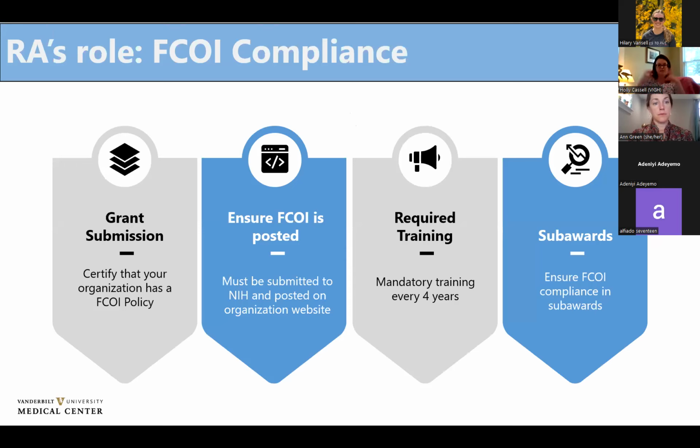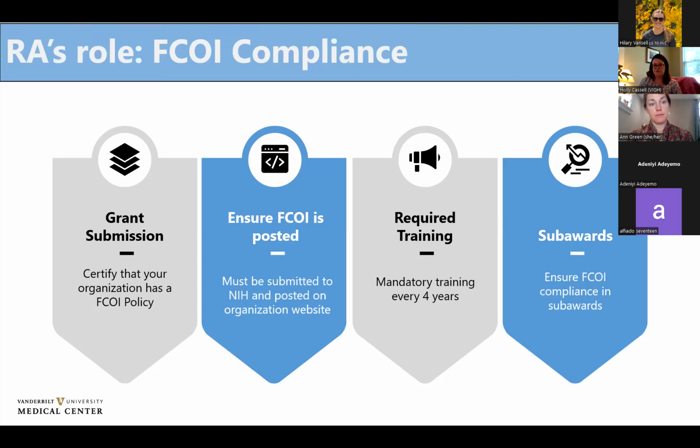So kind of distilling down, what could be your role related to this policy? Again, just to recap, when you submit a grant as Prime, you are certifying to the NIH that you have a written and enforced policy in place that implements the regulatory requirements.